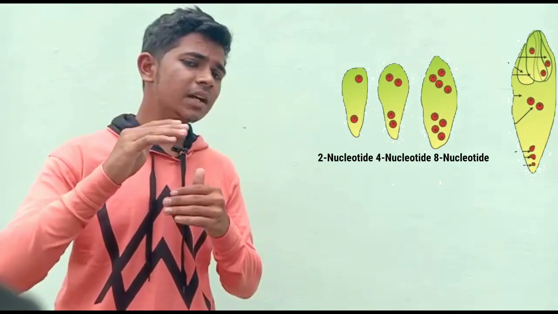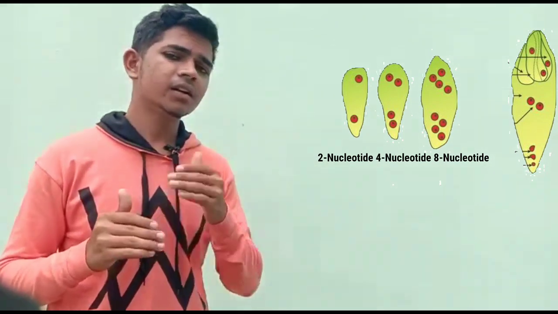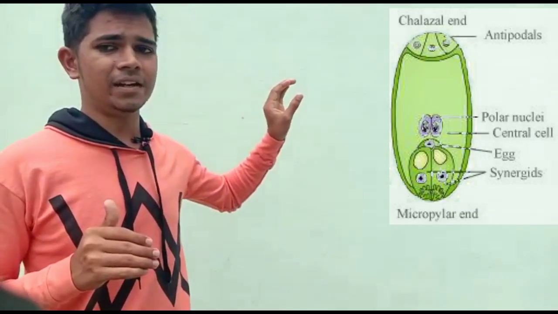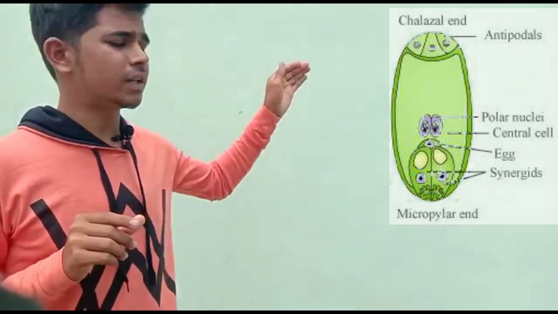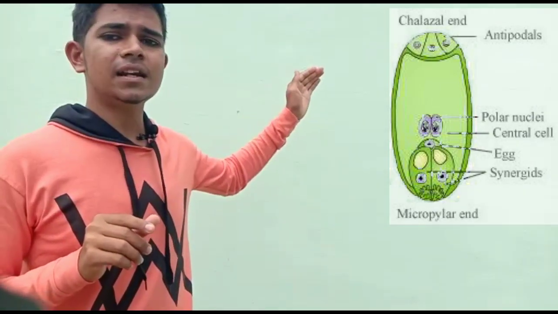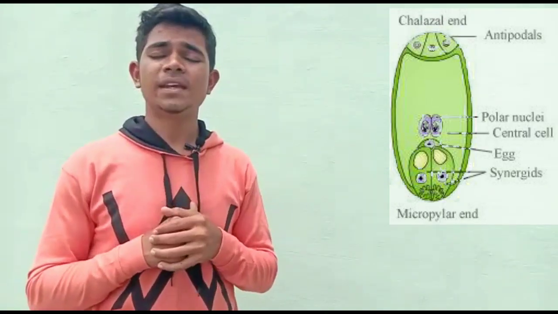Of the 6 cells out of 8, 3 cells move towards the chalazal end. Look at the mature embryo sac with its parts: the chalazal end with the antipodal cells, the polar nuclei, and the egg cell.